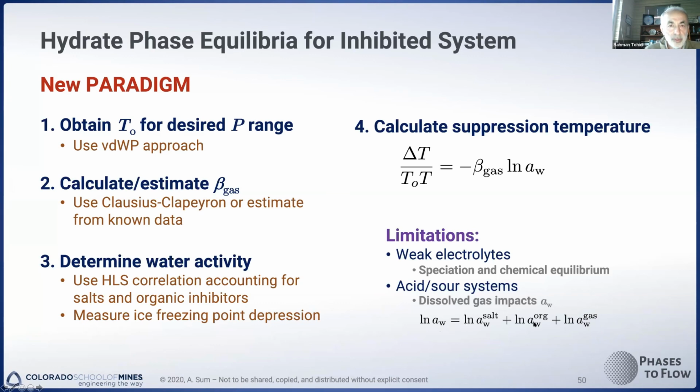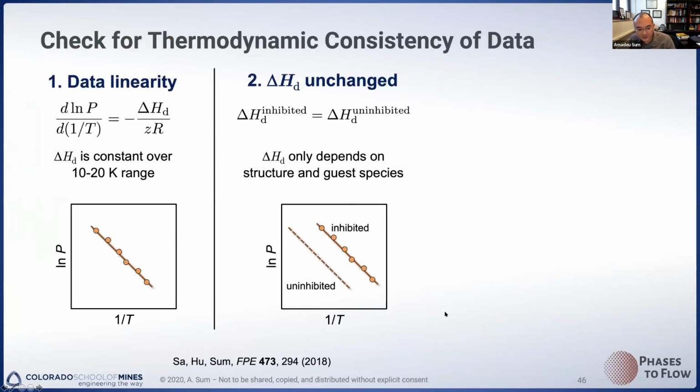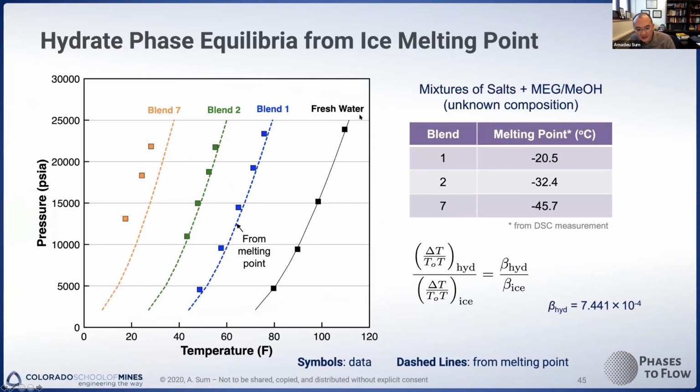Part of this is accounted for because we are doing a depression from the fresh water. So if you get the fresh water correct, you should be okay when you look at the displaced curve due to the depression from the inhibitors. Okay. Thank you very much.